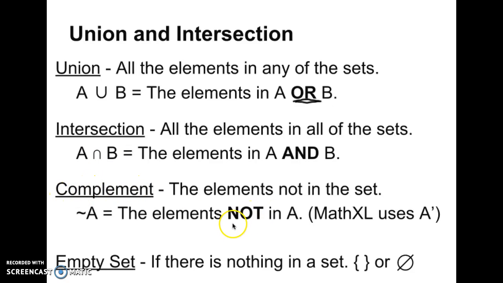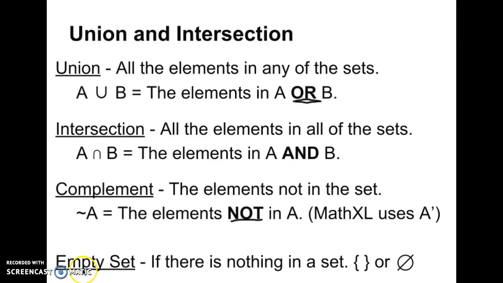The other symbol that we're going to be talking about is a complement. And this basically means not. So the complement of A are all of the elements that are not in A. So whenever you see the symbol, just insert the word not. So all the elements that are not in A. MathXL uses this apostrophe symbol, so I just want to go over that, but this is the more widely accepted complement symbol.